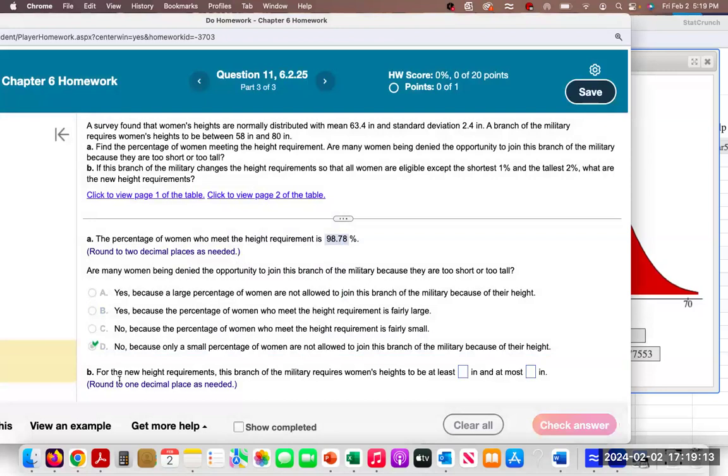Now, part B, we want to find a new height requirement. So this branch of the military changes the height requirements so that all women are eligible except the shortest 1% and the tallest 2%. So we want to know what the new height requirements are. To find the shortest 1%, we want to find the height with 1% of the total area under the curve to its left.